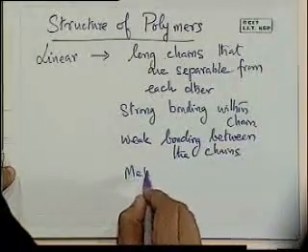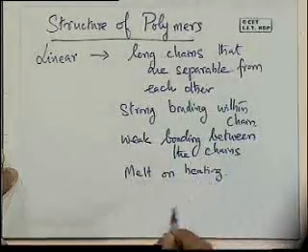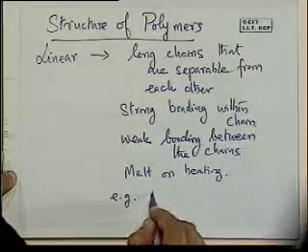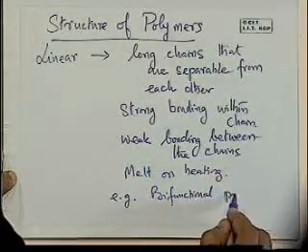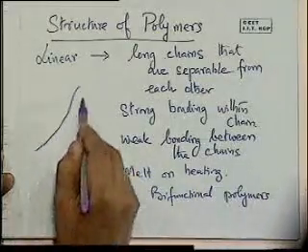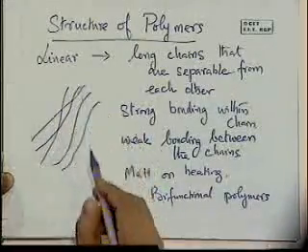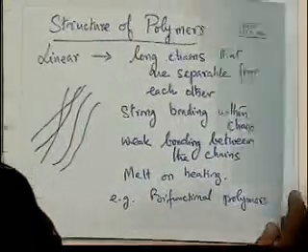They melt on heating. And many of the bifunctional polymers exhibit this behavior. So it will look something like this, long chains that are not very intertwined, which we can separate out. Textile fibers and so on have this kind of a structure.